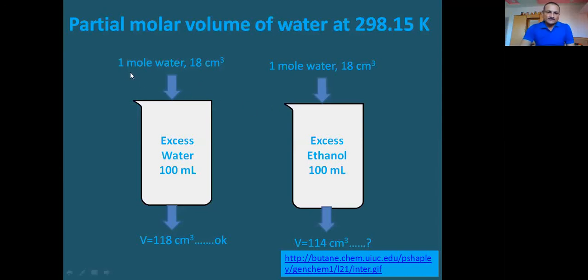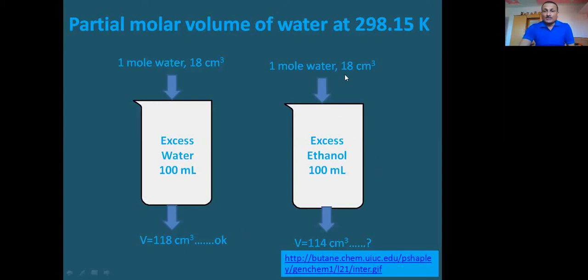In the first solution, we have taken excess of water, say for example 100 ml of water, in which we are adding 1 mole of water. 1 mole of water means 18 gram or 18 cm cube of water, because the density of water is 1. So when we put 18 cm cube of water in 100 ml of water, the total volume of the solution becomes 118. Volume is an additive property, so it gets added.